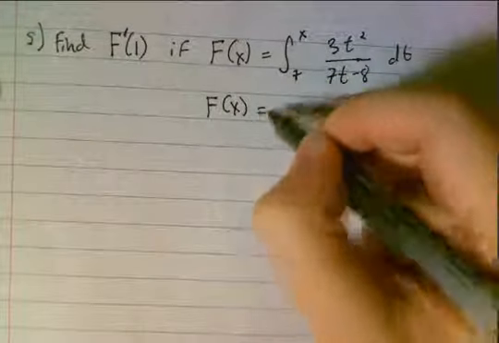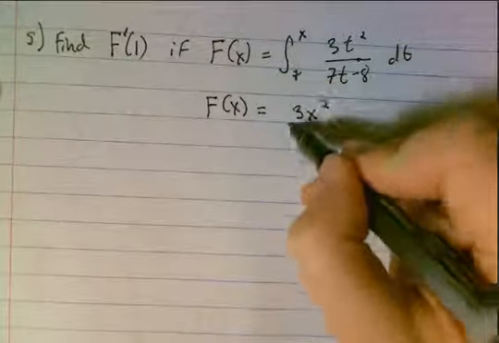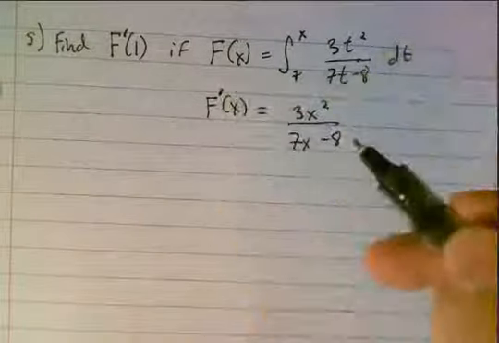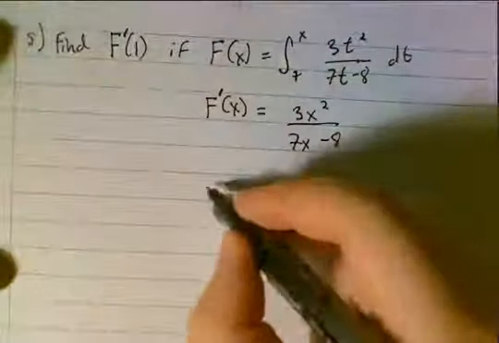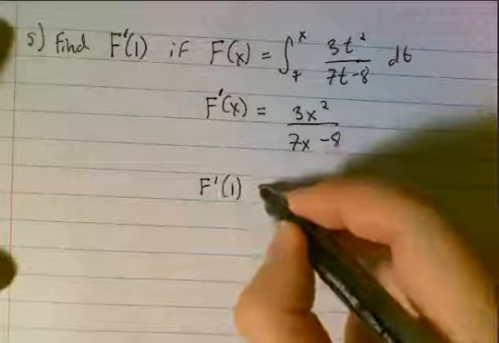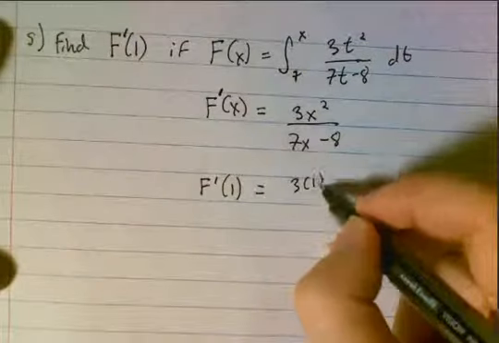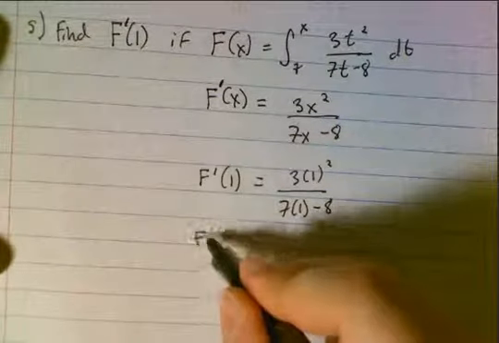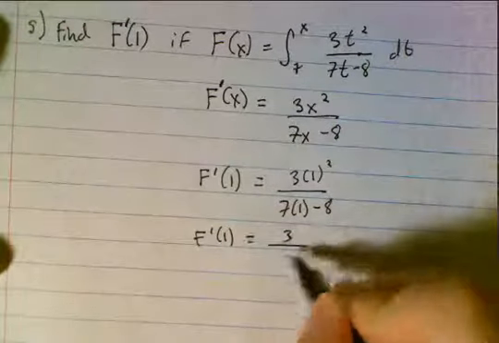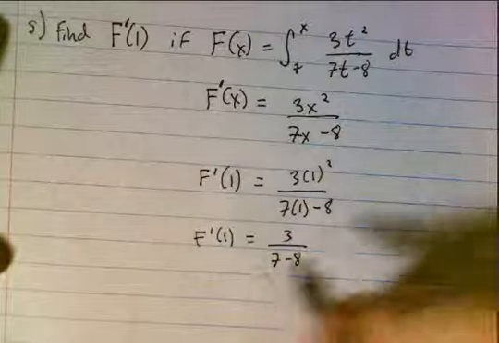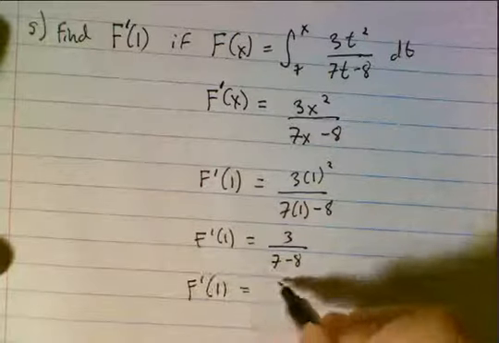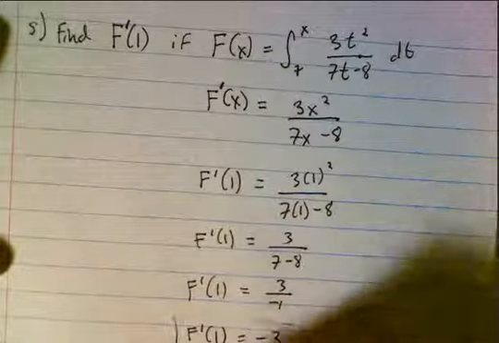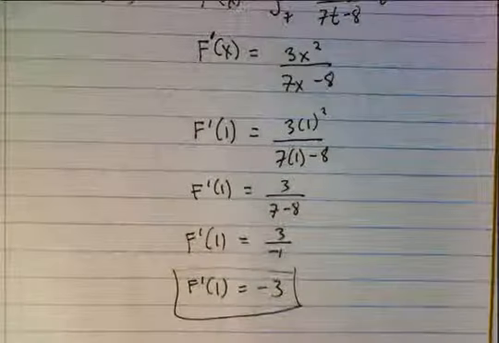So f prime of x equals 3x squared over 7x minus 8. So f prime of 1 just means we put 1 in for the x, and there we go.